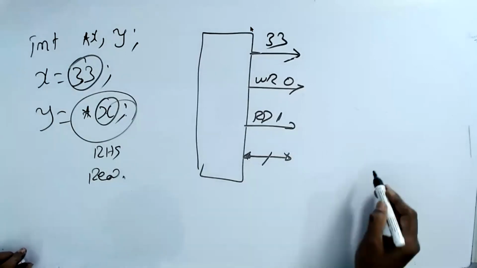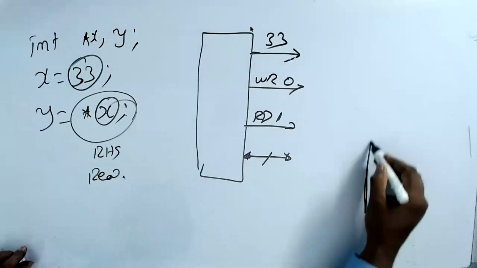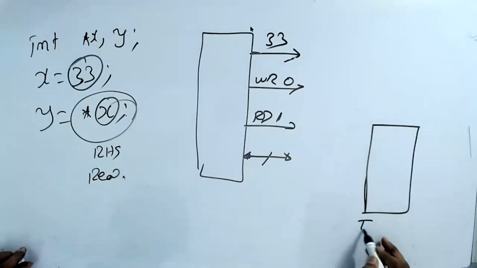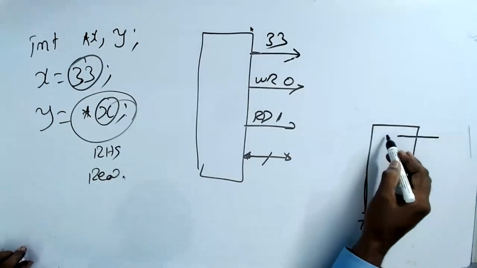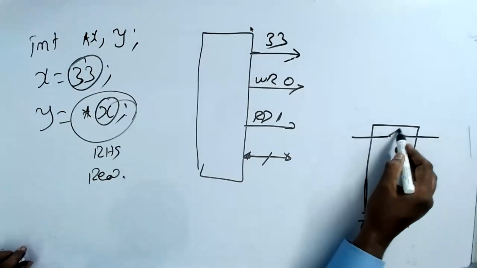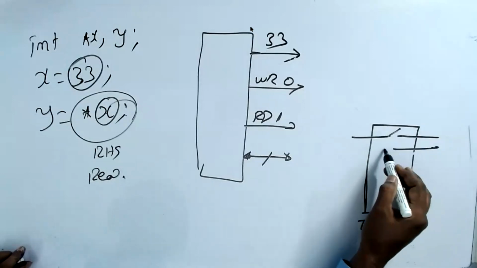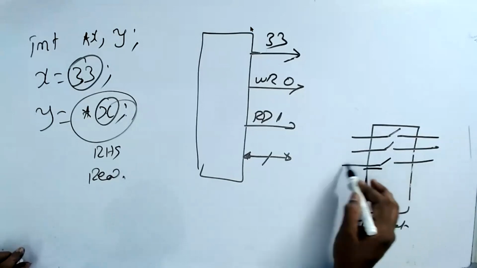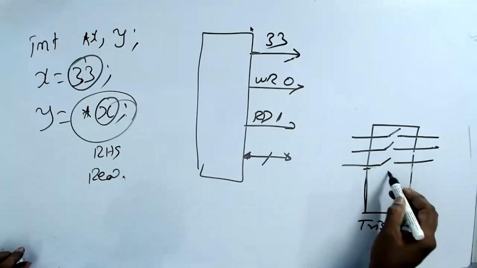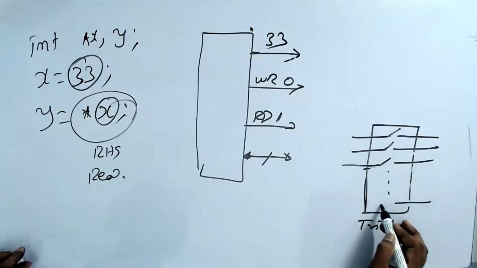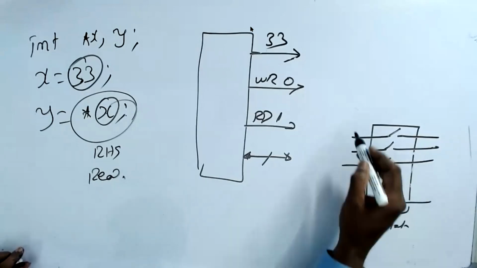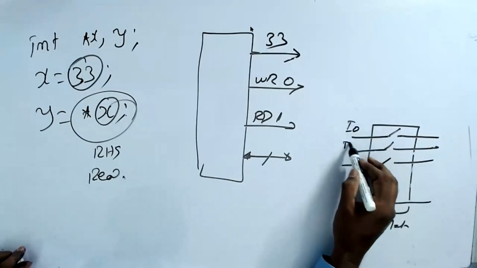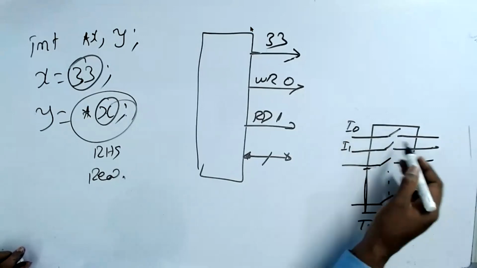Now what happened? I have a tri-state switch as the input, eight switches, I0, I1 and so on.